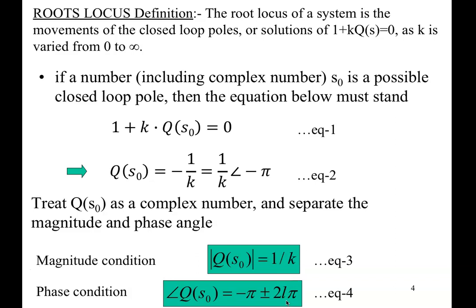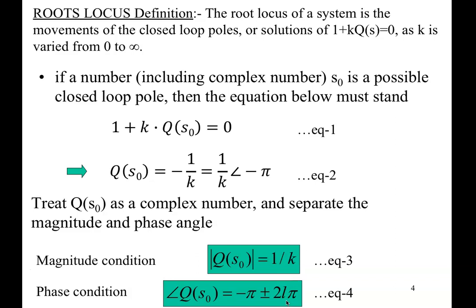And then once we find all the possible poles for the closed loop system, we will use the first condition, the magnitude condition, to find the k value to move the closed loop pole to that particular point. Okay, so there is a two-step process here. One is to find all possible closed loop poles and link them together. That will give us the root locus diagram.